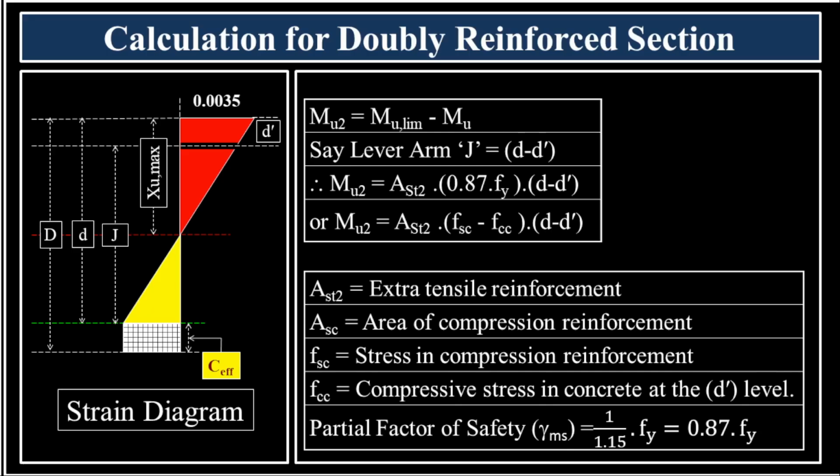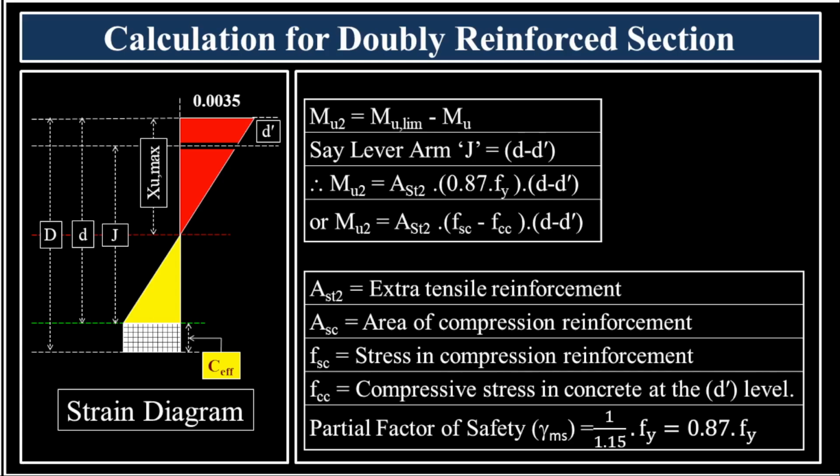To clarify the terms used in these calculations, Ast2 refers to the extra tensile reinforcement required for the excess moment. Asc is the area of compression reinforcement. fsc is the stress in the compression reinforcement. fcc is the compressive stress in the concrete at the d' level, which is the depth of the compression steel.